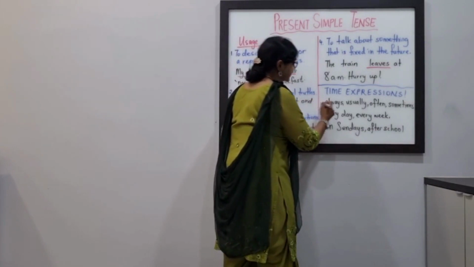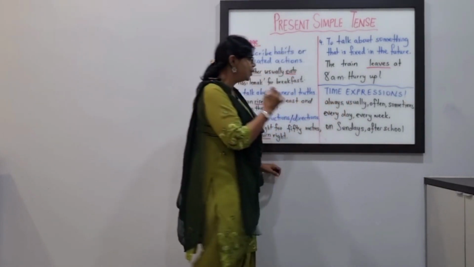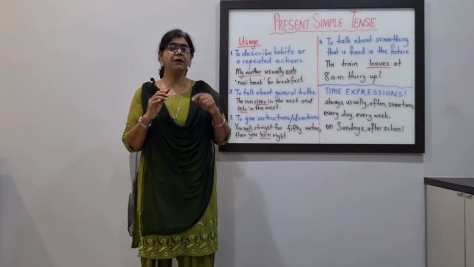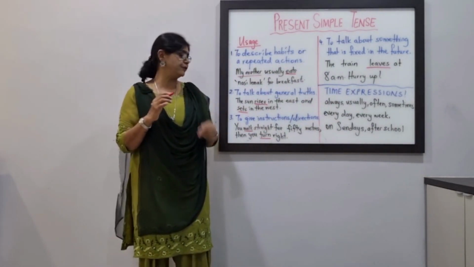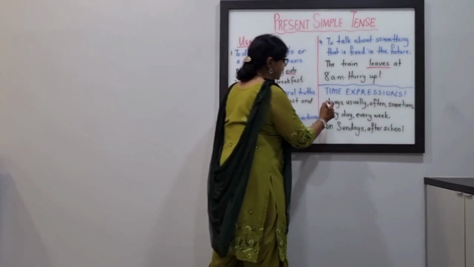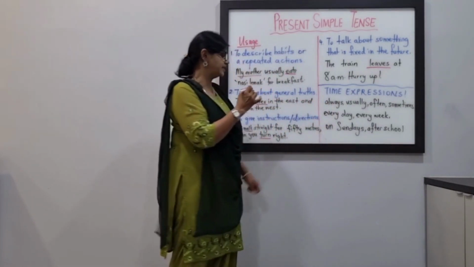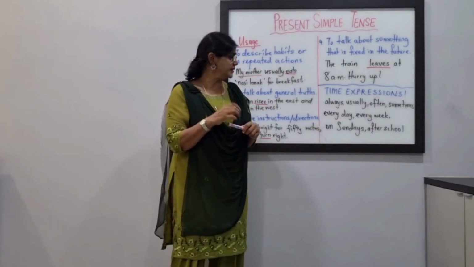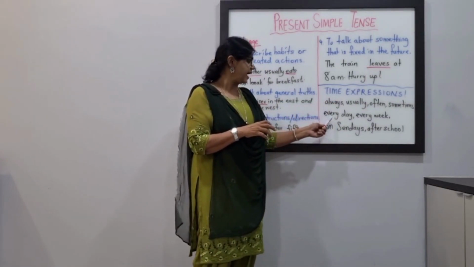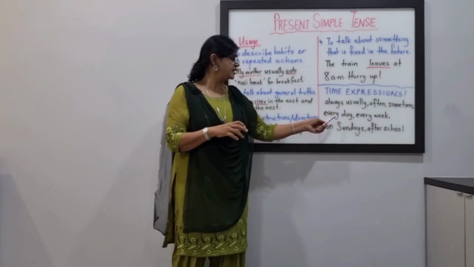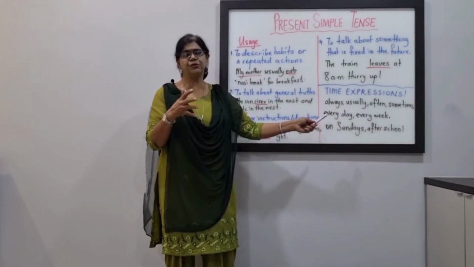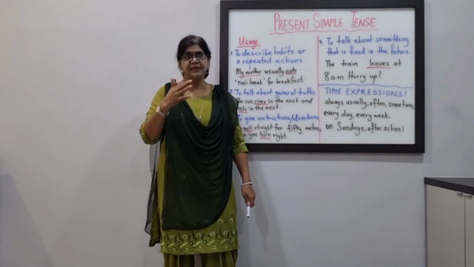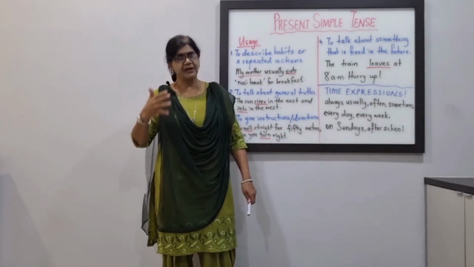Okay, these are the time expressions to help you to decide whether you should use present simple or past or future. These are the helping words, time expressions: always, usually, often, sometimes, every day, every week. This is very easy. When you see every day, you know. As I mentioned earlier, present simple tense expresses things happening like every day, every week.